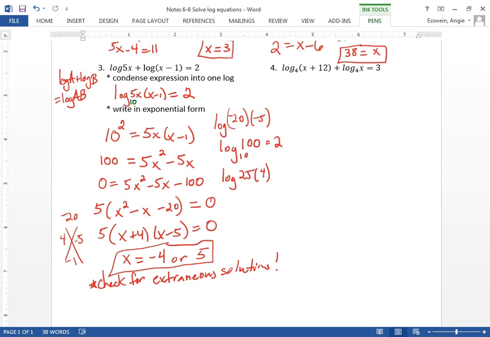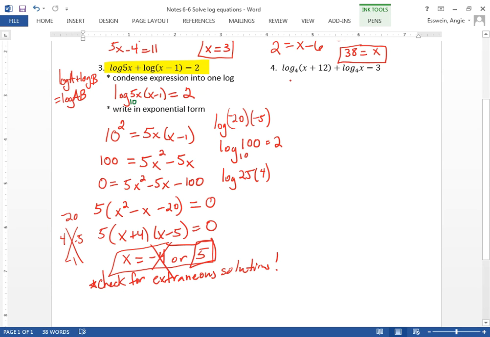Okay, so good learning here. You have to plug it into the original equation and it has to work, and it doesn't. So you're not going to be able to take the log of negative 20. You're not going to be able to raise 10 to a power and get a negative answer. So that does not work, and 5 is your only solution. You've got to check for extraneous solutions.